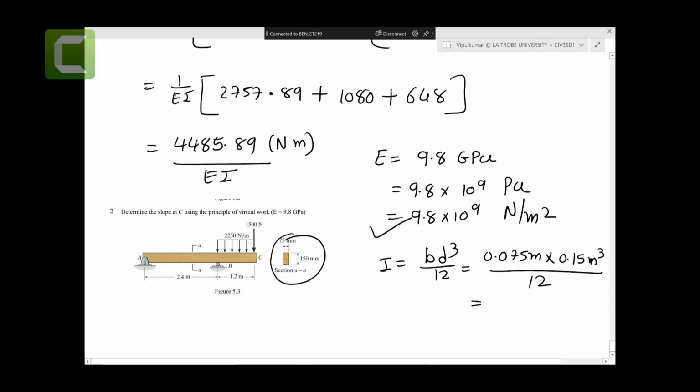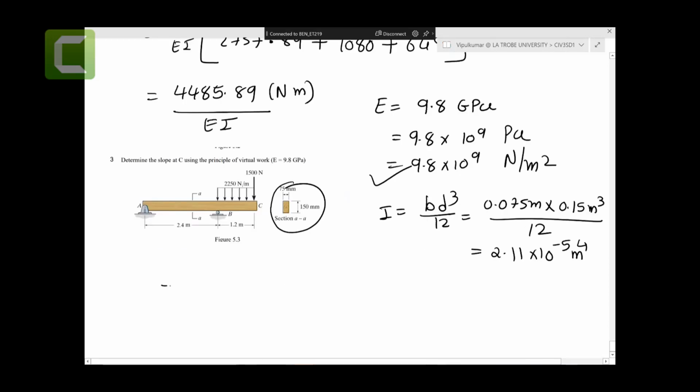So 0.075 times 0.15 cubed divided by 12, you get 2.11 times 10 raised to minus 5 meter to the power 4. Right, so we plug in these values.